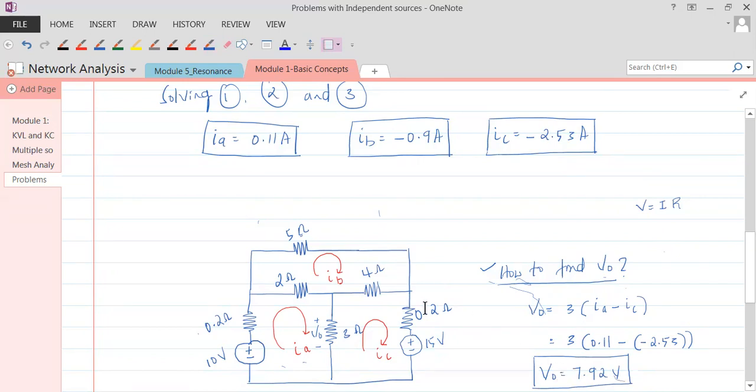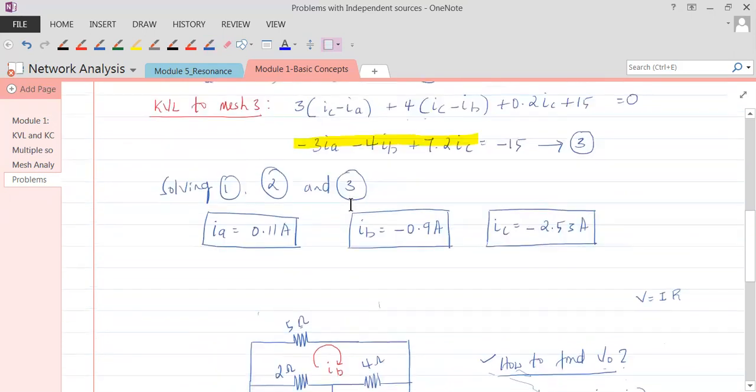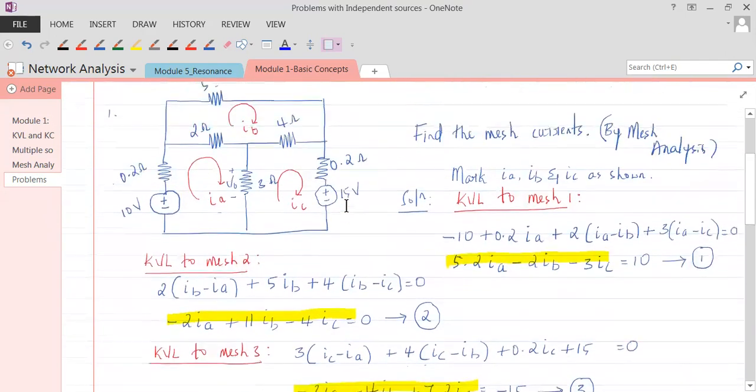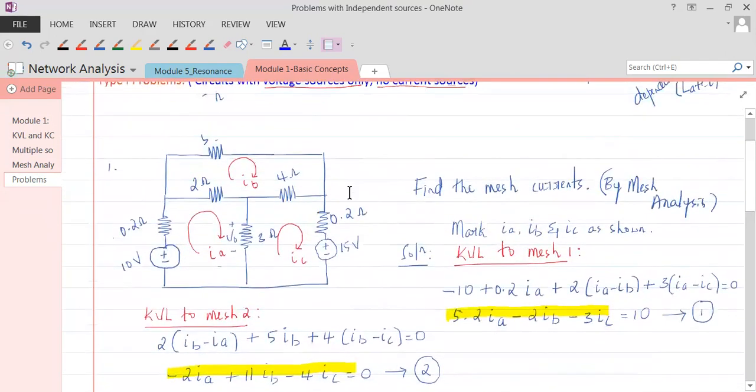So when did we find out this V0? Why did we take this example? In the first place, we already have considered the finding of mesh currents. How did we find out mesh currents? We found out mesh currents by mesh analysis.